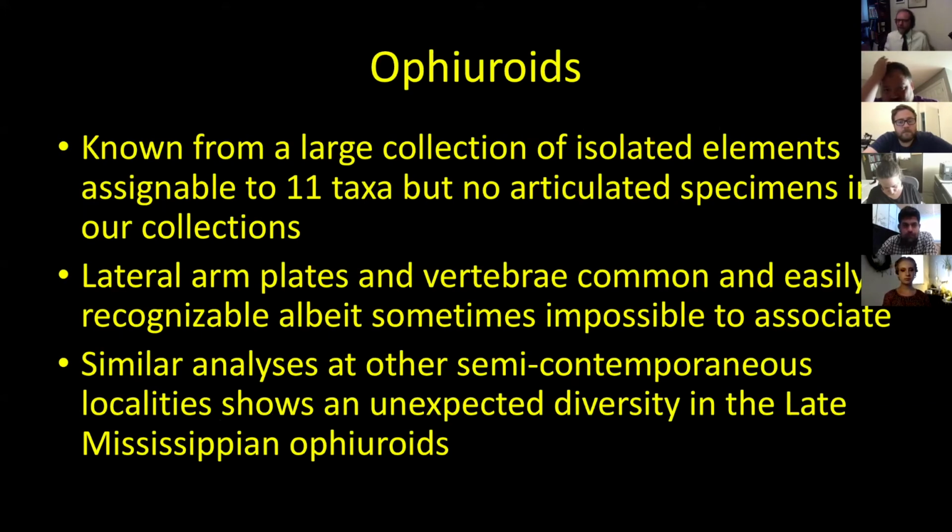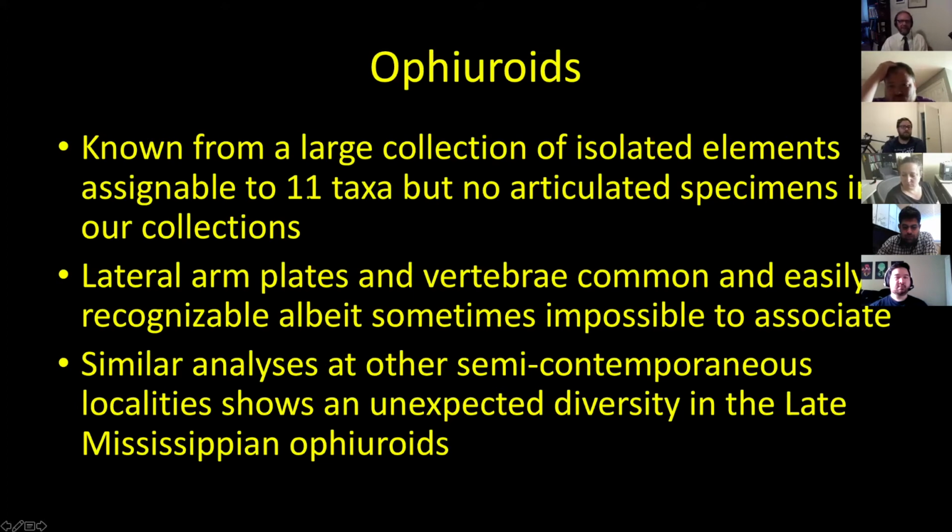So those organisms all had fairly, I would say, not unusual levels of diversity. What I didn't expect when we started this project, and in fact, when you go to Nick Smith's defense on Wednesday, you'll see a lot more of this from another locality where Nick is working, is that the brittle stars, the ophiuroids, have a diversity that is unmatched in the Paleozoic, but we only know about it from these disarticulated elements.